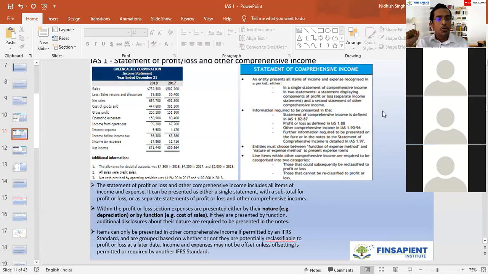However, you know that maybe 2-3 years down the line, you're going to sell your big property and make money. So there you will report that into other comprehensive income, but you can classify that it could go into the P&L, right? So that kind of categorization it is talking about.